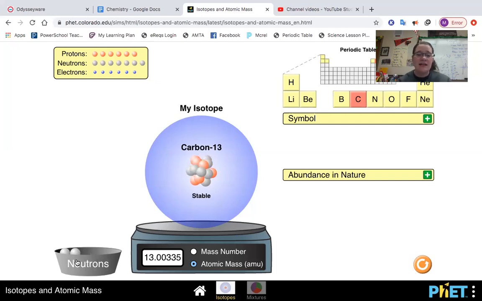I could also take some out, so if I had 6 protons but 5 neutrons, this would be carbon 11. Again, one thing we want to notice is that the number of protons stayed the same all the time because it was the same element. It was carbon every single time.